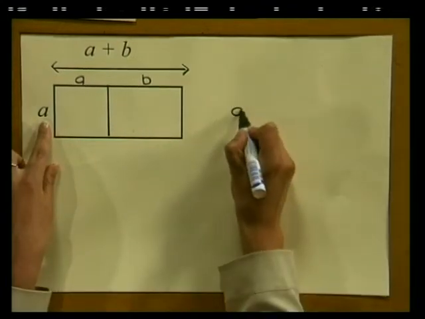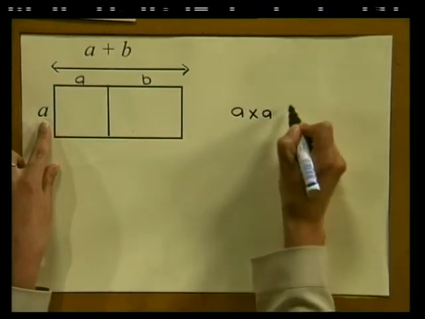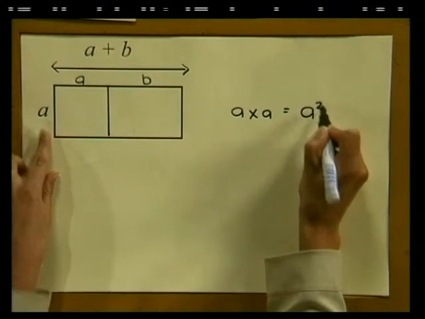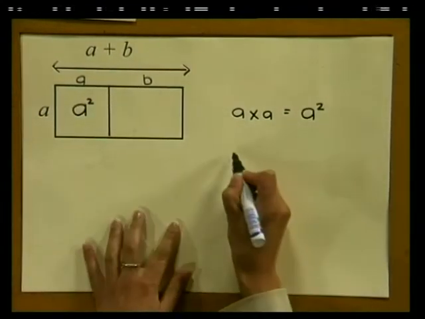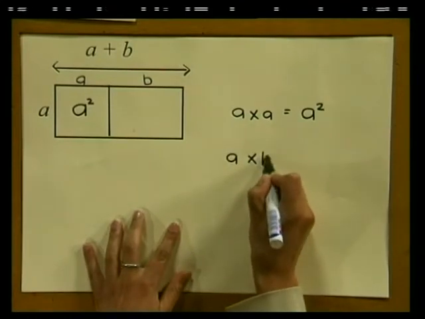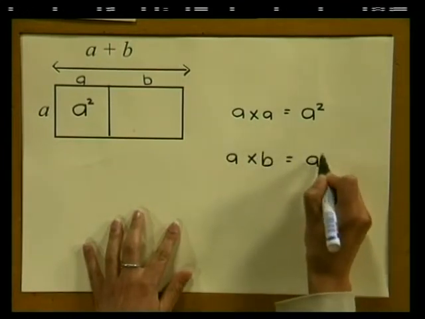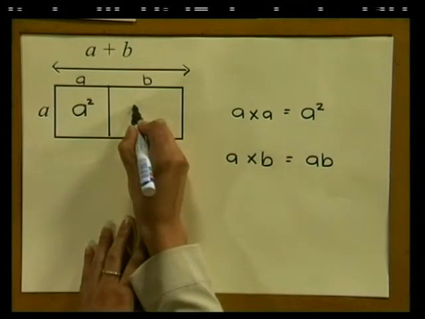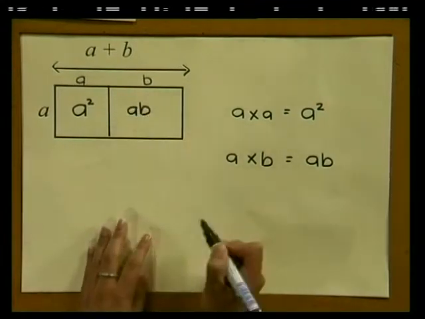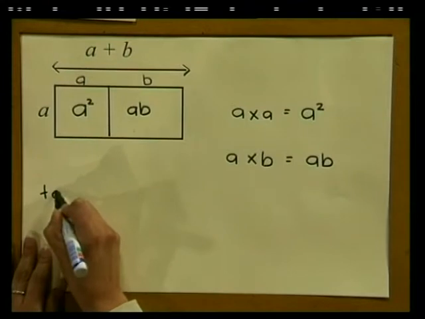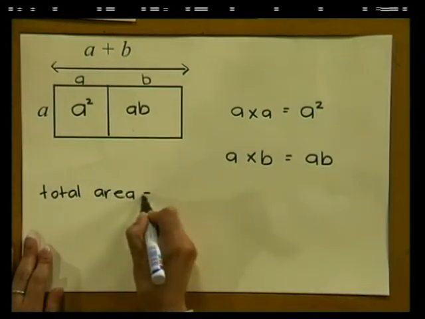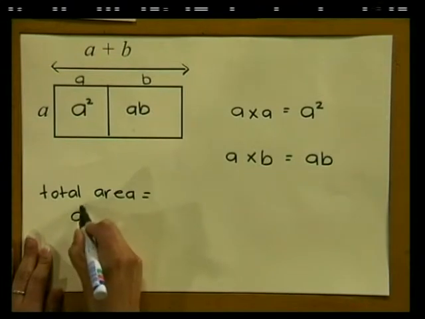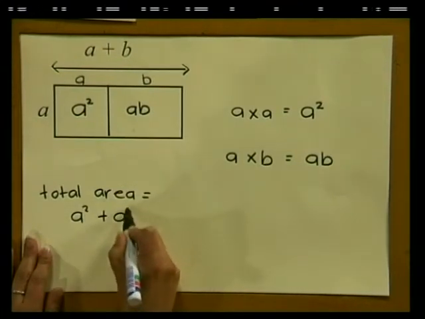So we're going to have A times A, which would give us A squared, and that would be the area of this square. And then we're going to have A times B, which would give us AB, and this would be the area of this rectangle. So altogether we have our total area, and our total area is going to equal A squared plus AB.